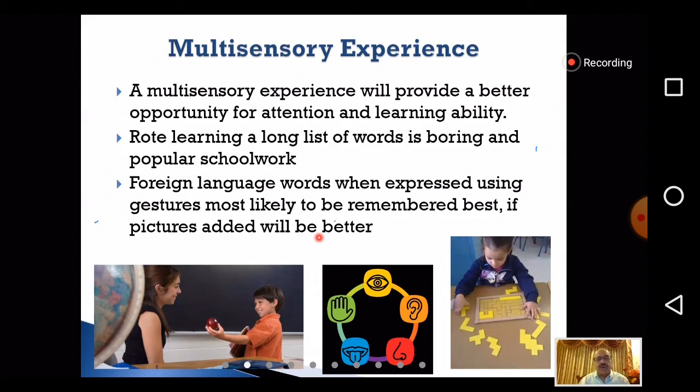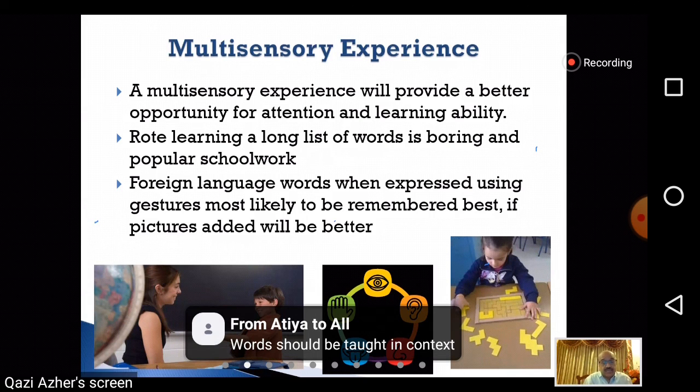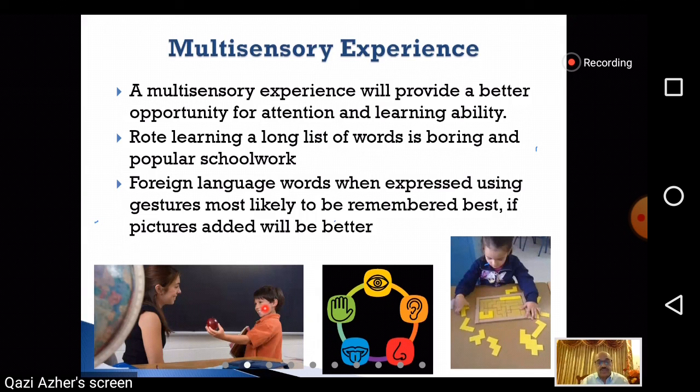How do you teach them? For example, you are seeing this boy with an apple. For example, this is a Hispanic kid, okay, and actually he's an English kid, and the teacher is teaching Spanish. So you show the gesture and tell Marzana. Marzana is apple.